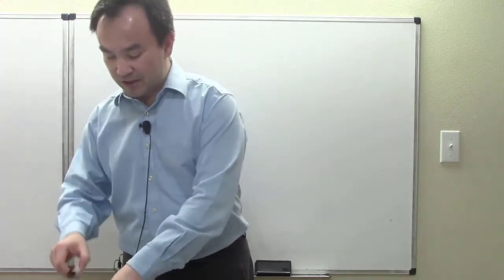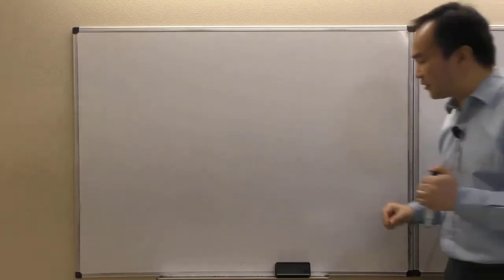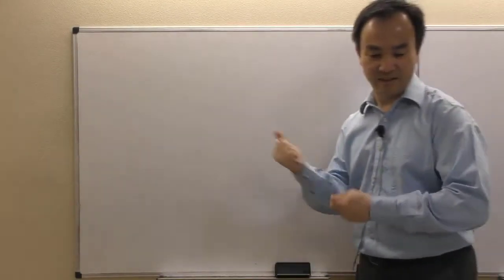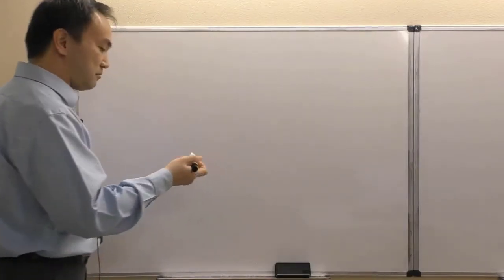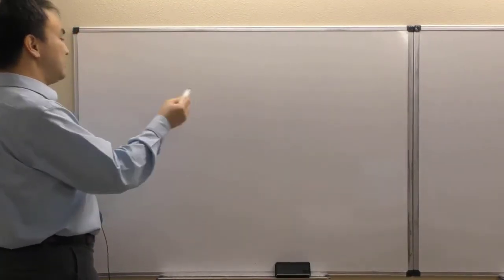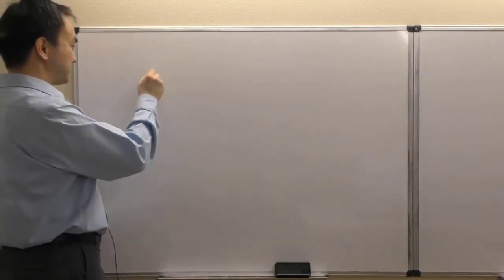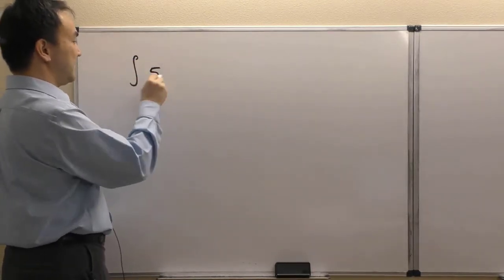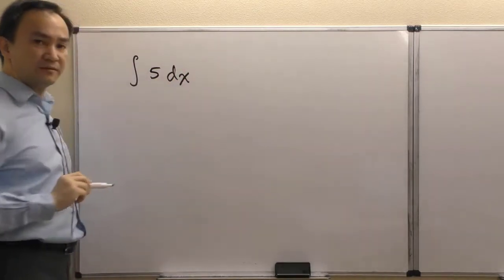now as far as the rules, let me get on the other board, and I'm going to use it for some deriving work. Let's quickly take a look: we have a function, how about 5, and I want to find the antiderivative of that function.